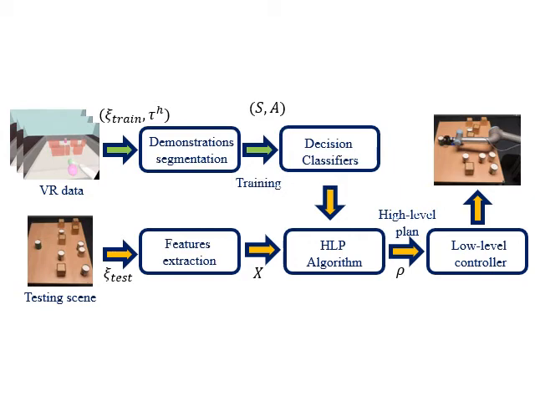This high-level plan can be transferred to any robot model by connecting it to a robot-specific low-level controller, which computes the IK solutions required to move the robot joints.